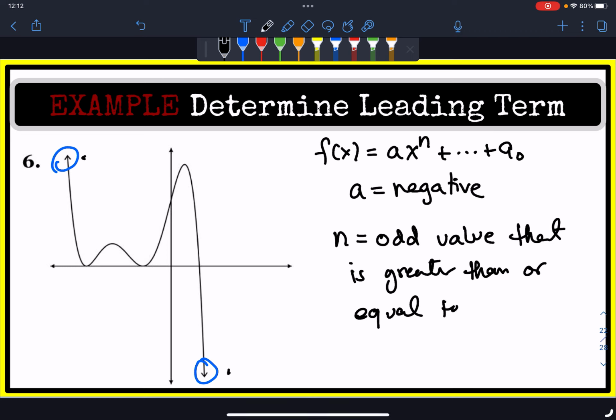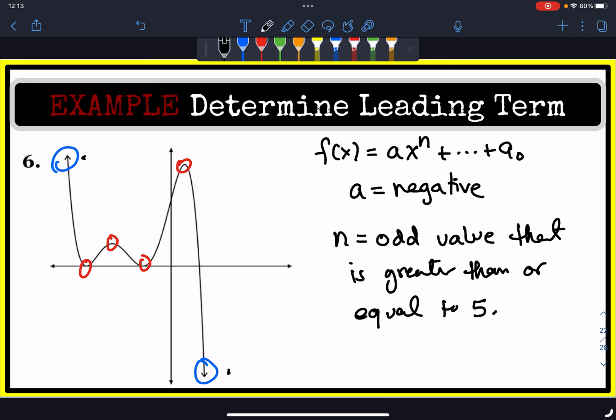So let's count the times that this function changes direction. So we have 1, 2, 3, 4 turning points, and 4 plus 1 is 5. So it has to be an odd value. The exponent is going to be an odd number that is greater than or equal to 5.